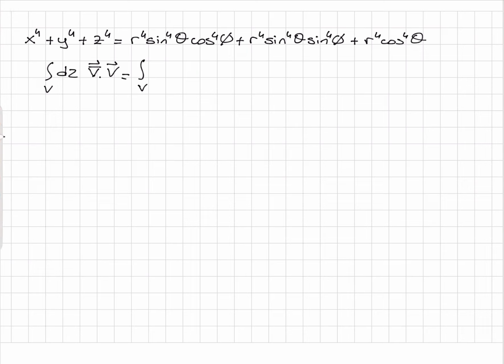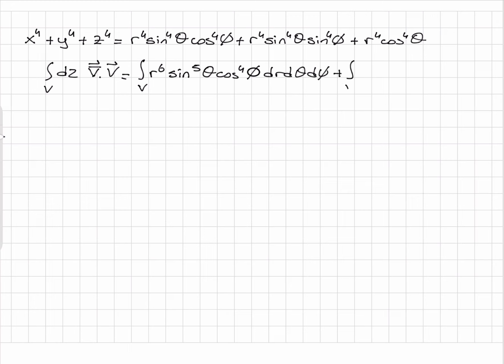Because we have r squared, and r to the 4, this is going to become r to the 6. And then we have sine theta, so sine to the 4 will become sine to the 5 theta, cosine phi to the power 4, and dr d theta d phi, that's the first term.